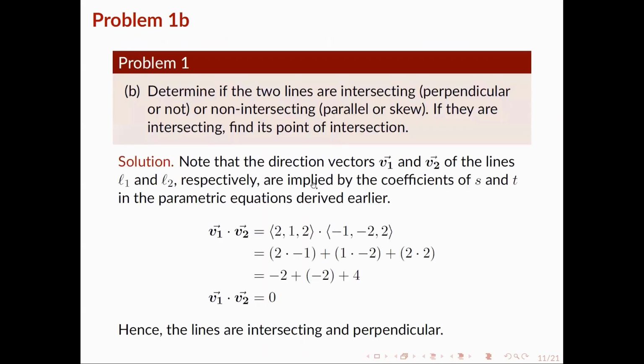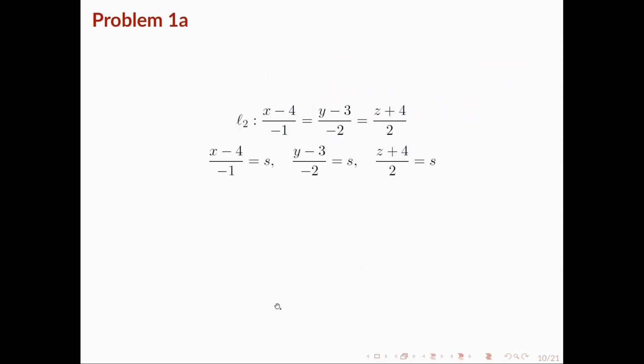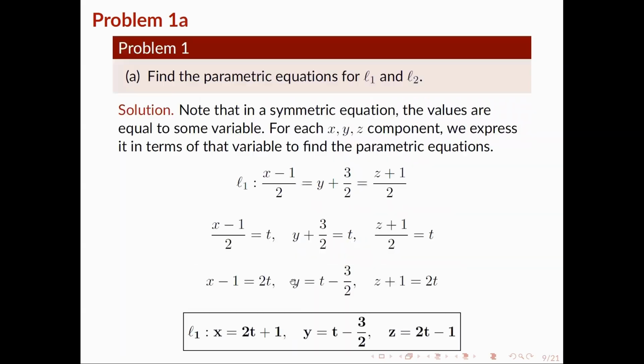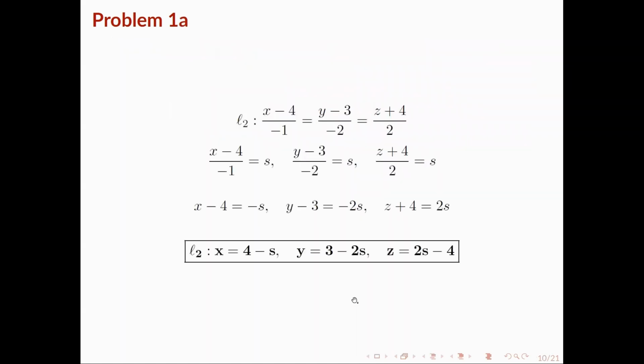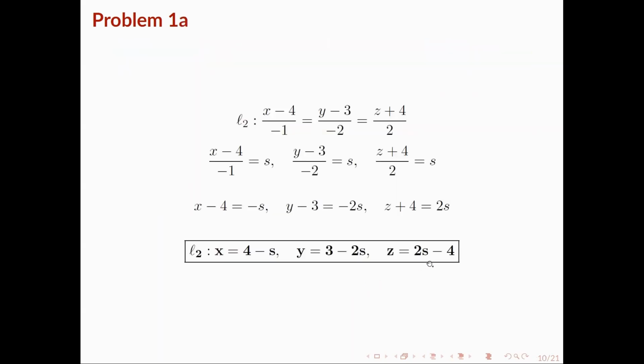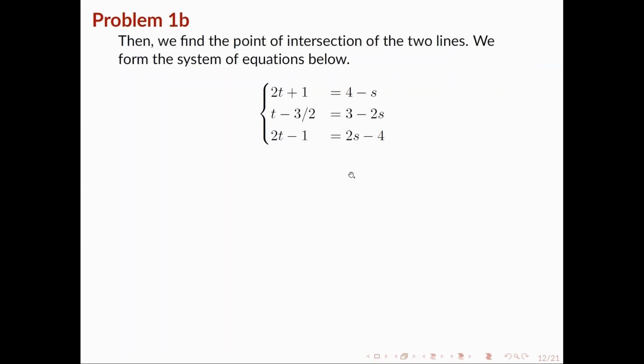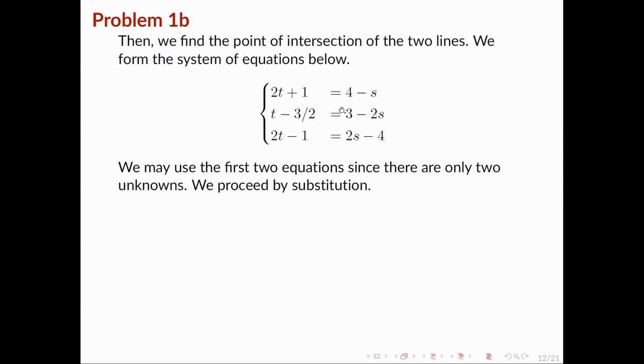That is to say that 2t plus 1 is equal to 4 minus s, t minus 3 half is equal to 3 minus 2s, and 2t minus 1 equals 2s minus 4. Ayan. Diyan siya galing. And then, we may use the first two equations since there are only two unknowns.